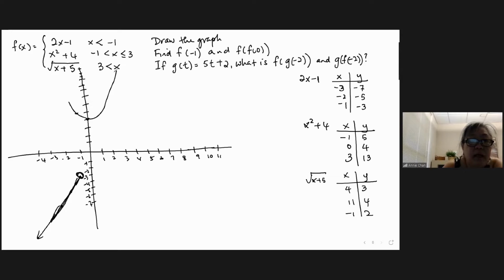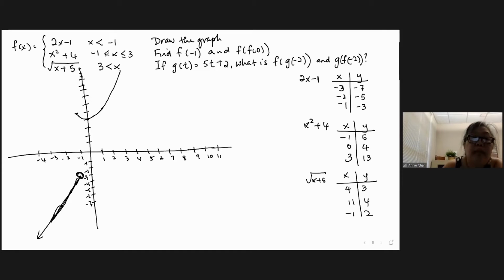Now I only want it from -1. If I erase this, I only want it from -1 up to 3.